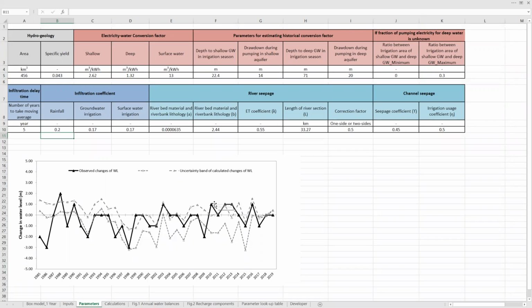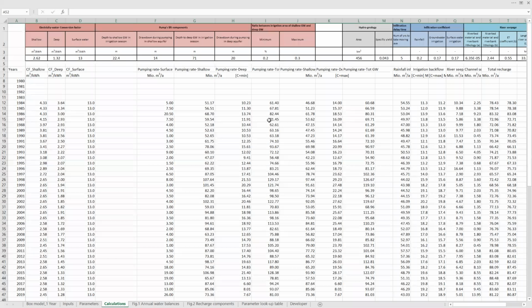Then the calculated water levels also change. And if we change the range of uncertainty of the C value, for example, from 0.2 to 0.3, then the uncertainty band is decreased.